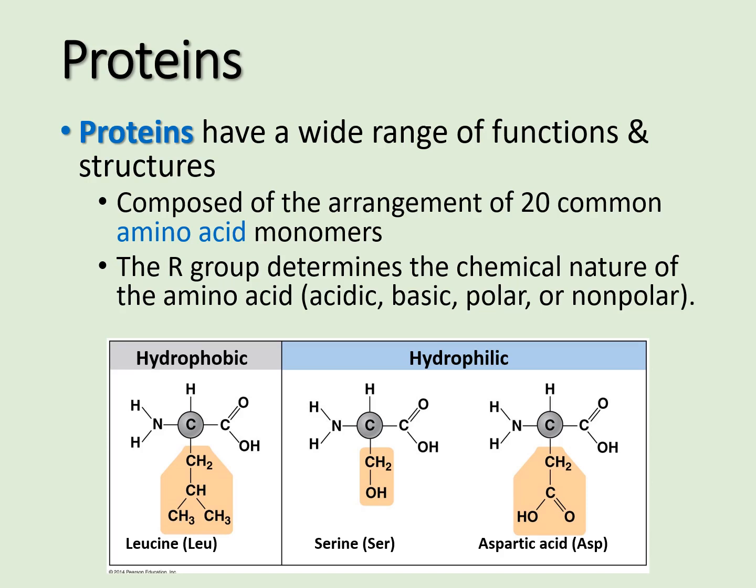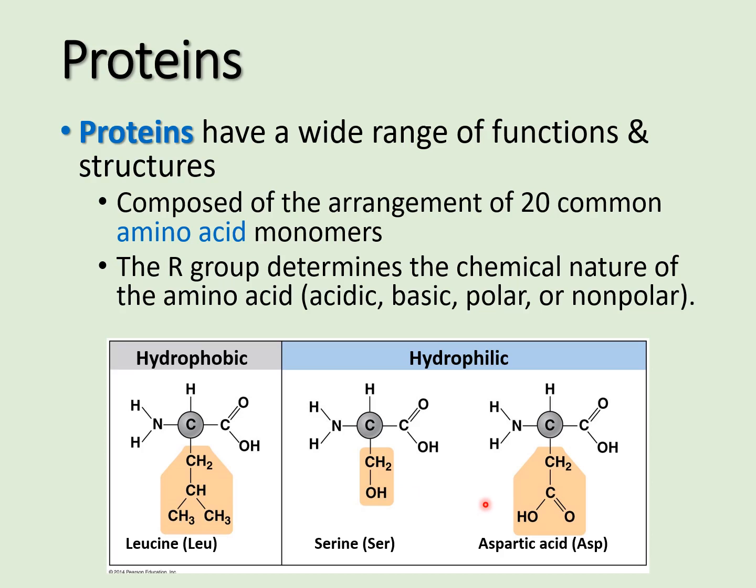So we said that those R groups are really determining the property of that amino acid, right? So we said there's a lot of different chemical natures to these different compounds. We already talked about being hydrophilic or hydrophobic, but you can be acidic, you could be basic, polar, non-polar.